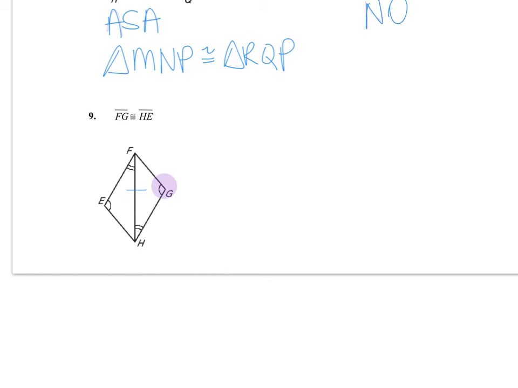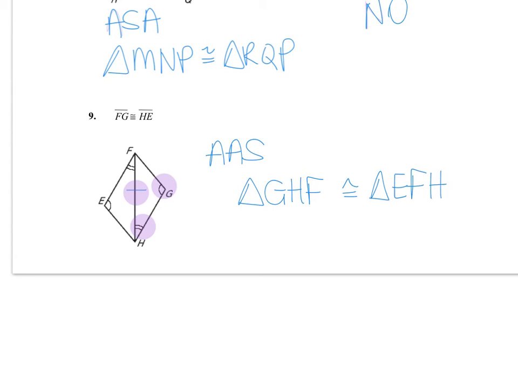And looking at angle, angle, side. The two triangles that would be congruent, let's go single, double, G, H, F. Single, double would be E, F, H.